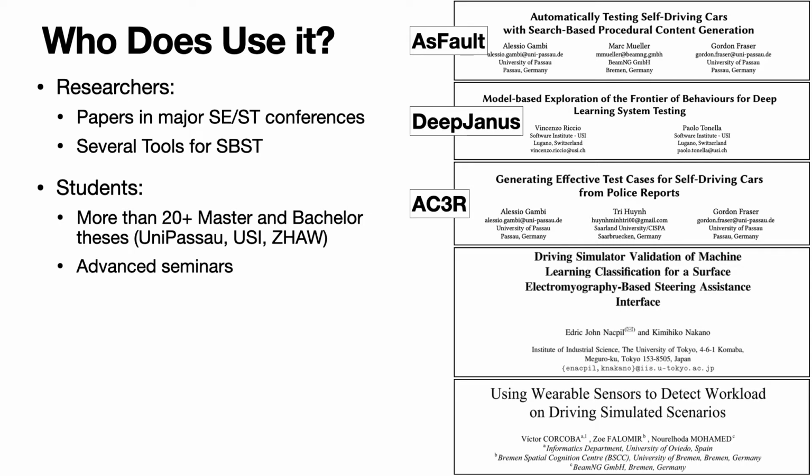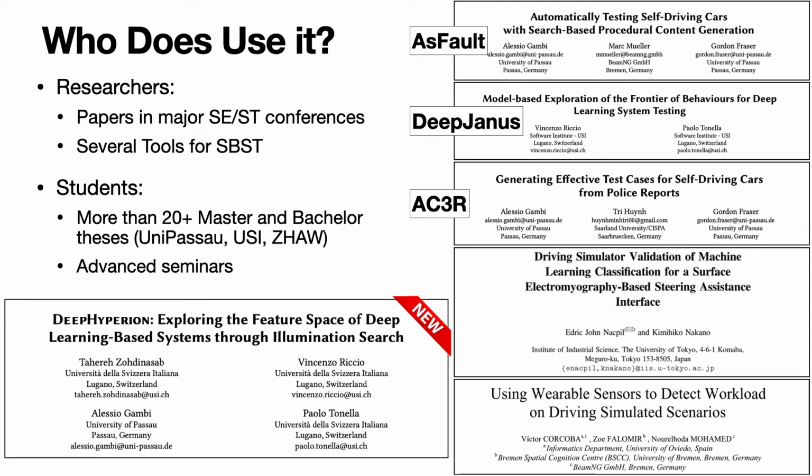To name some, we have Asfault, DeepJanus, and AC3R. You can look at the papers online. And lately, we have another paper called DeepHyperion, which again uses the simulator to generate tests.